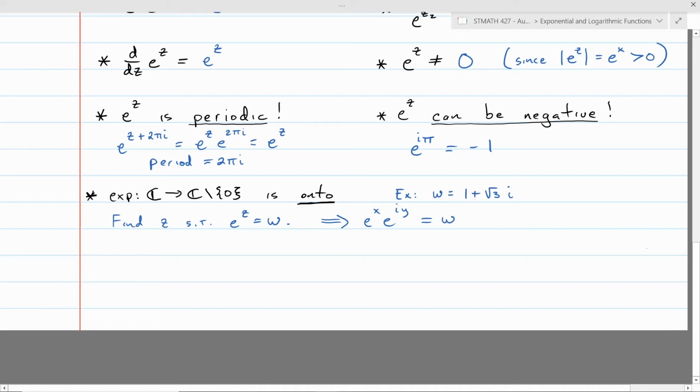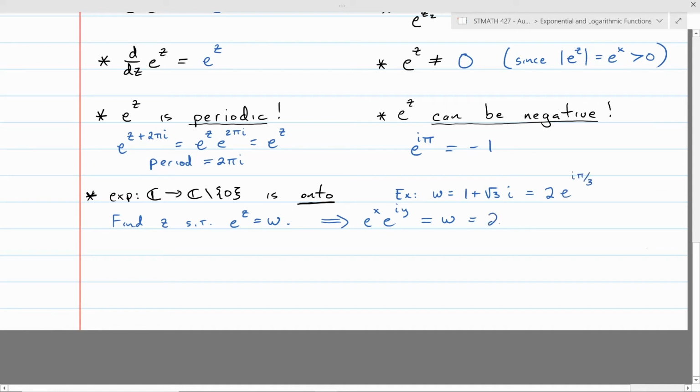So we want to figure out what x and y have to be. The radius of w is the square root of the real part squared plus the imaginary part squared. The radius is 2, and you can convince yourselves that the angle is pi over 3. So w is equal to 2e to the i pi over 3.